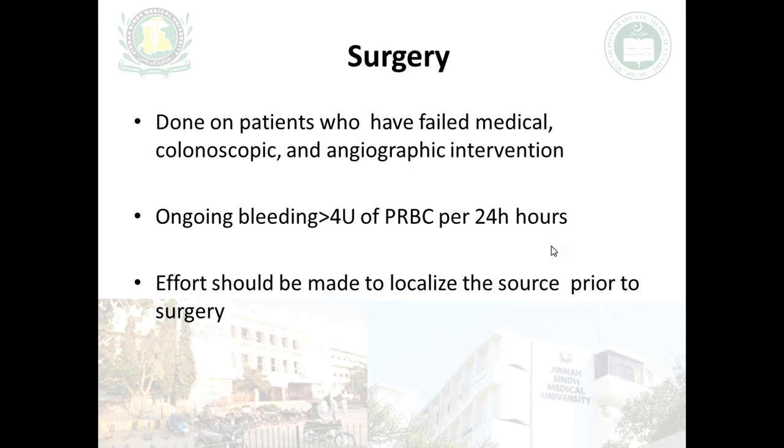So it's still better that you identify where the problem is. You will have to localize the problem, and you have made the diagnosis whether it's inflammatory bowel disease, a malignancy, or an angiodysplasia, and the bleeding is ongoing and not stopped. The patient needs more blood transfusions, 4 units per day, then you should go for the surgery.